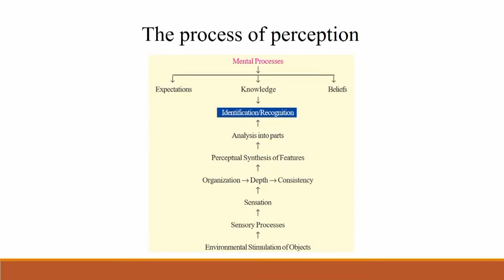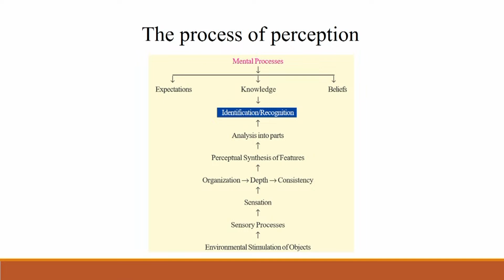This is a flow chart, and it shows how you come to a particular perception. Let us begin from the bottom. You might see an environmental stimulus, and then you are sensing it, then sensory processes are happening, then sensations are happening. So we have understood up to the point of sensation.